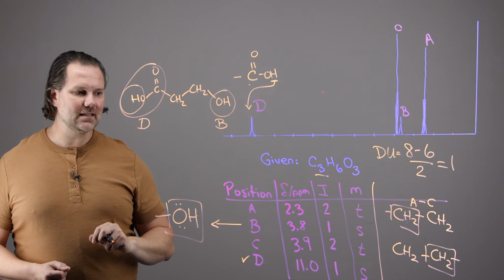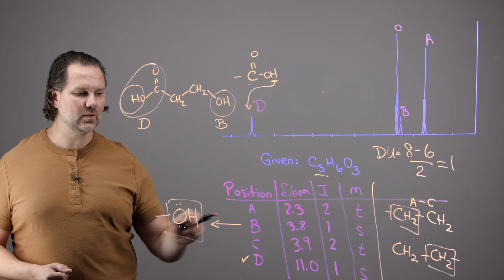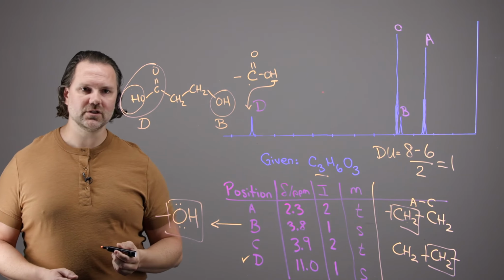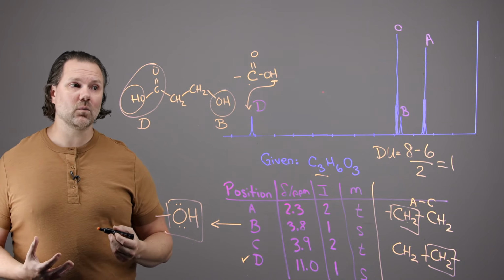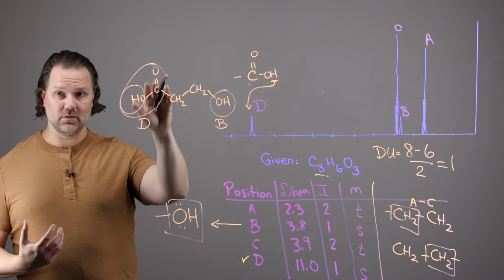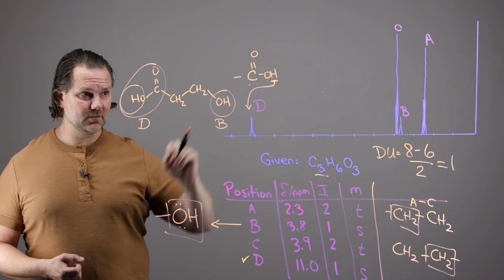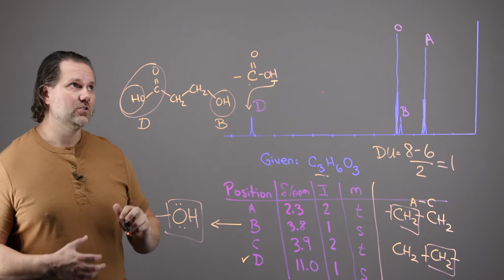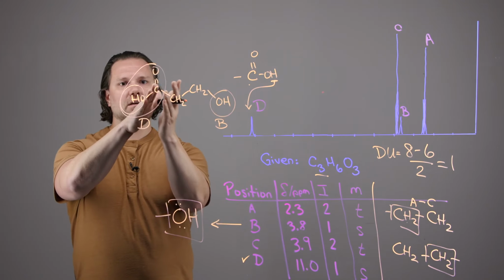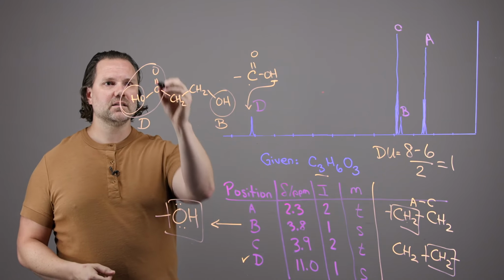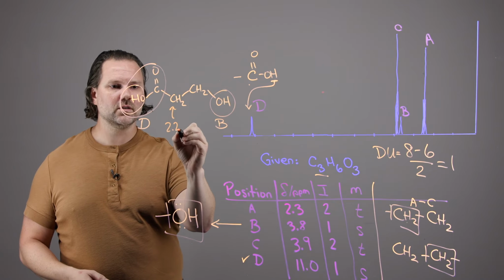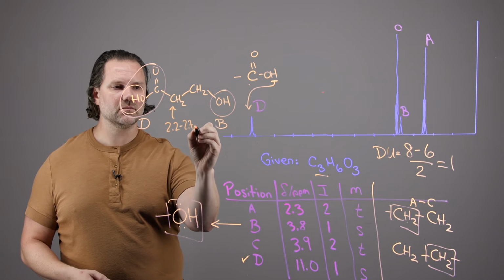All right, we found signals B and D. Can we differentiate between A and C based on their chemical shift? Well, we have to think about what is the amount of chemical shift that occurs as a result of being near a carboxylic acid versus being near an alcohol. Check your data table, and you should see that if you are near the carboxylic acid double bond, this should be around 2.2 to about 2.7 ppm.